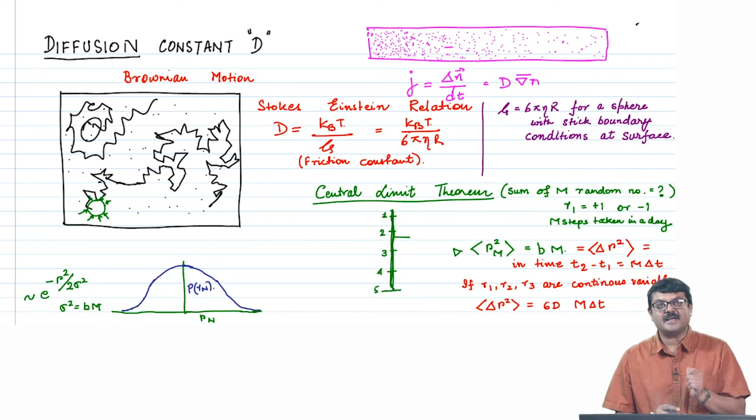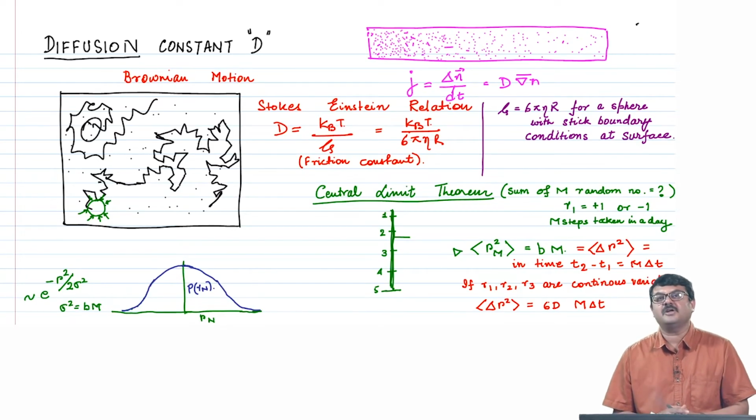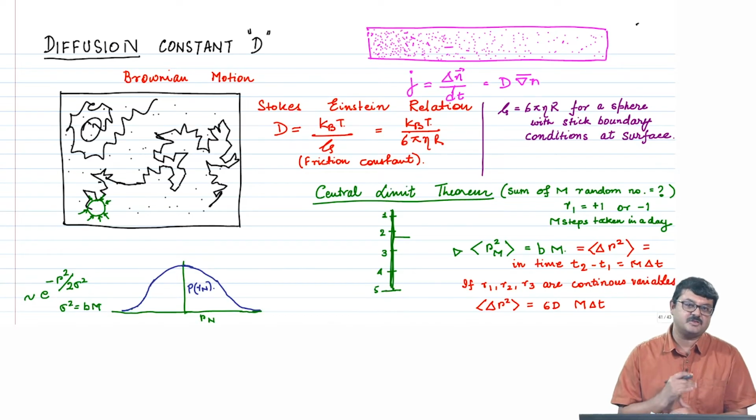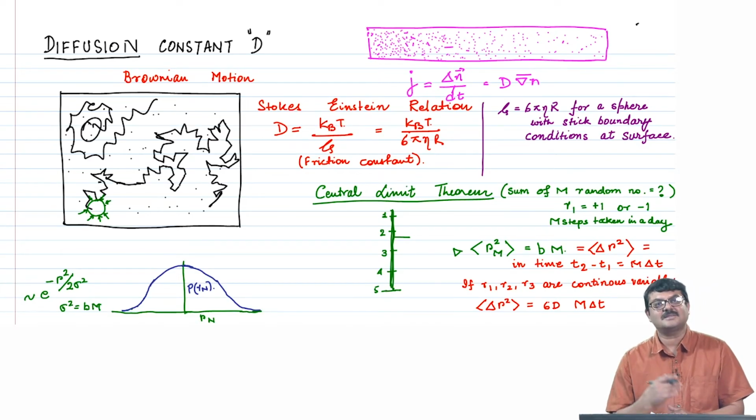You cannot specifically say that this particular particle is going to land up at this point in space after some time t, but you can say, okay, if I had 1000 particles and each was undergoing Brownian motion, then some would be displaced from their original position by say x, some other particle would get displaced by say x1, some third particle by x2, and so on and so forth, and you can calculate an average of the net displacement.